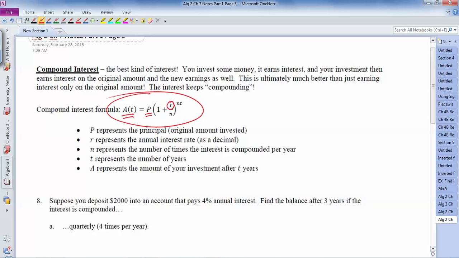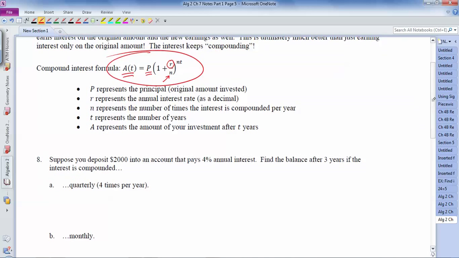And then you're told how often you compound. Maybe you compound once a month, or once a week. If it was once a month, then you'd make N 12, because it's 12 months a year. If it was once a week, you make N 52. And then T is going to be the number of years that your investment is going on.